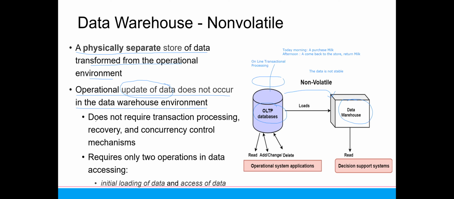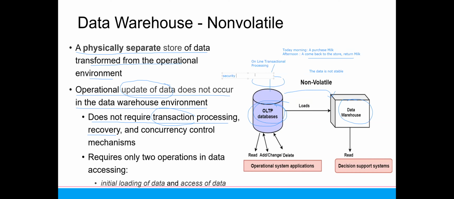So the data warehouse environment does not require transaction processing. You don't need to have any updates or any modification. And recovery: usually when you have this OLTP database, people may interfere with the security.